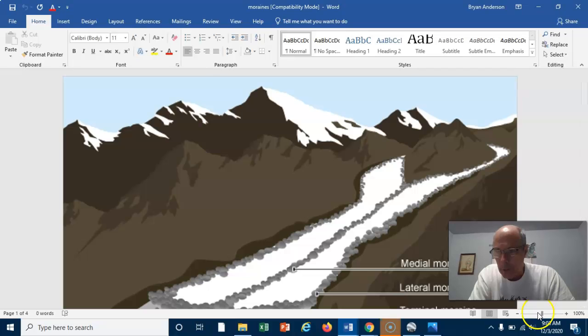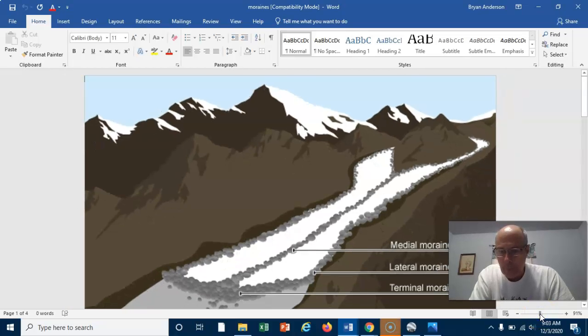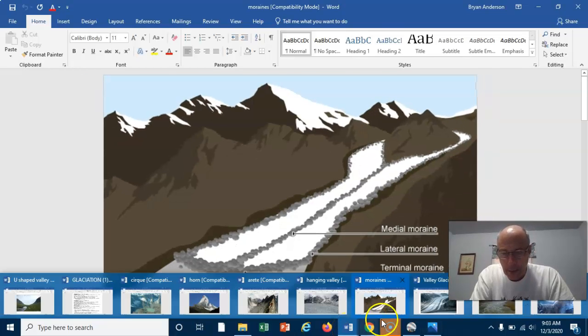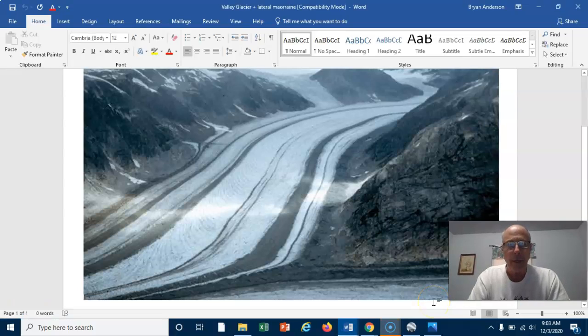I'm going to shrink this picture down just a little bit too. And if you remember from that picture of the valley glacier, there are those lines on it. And those lines can be hard to explain, especially if you go look at them.